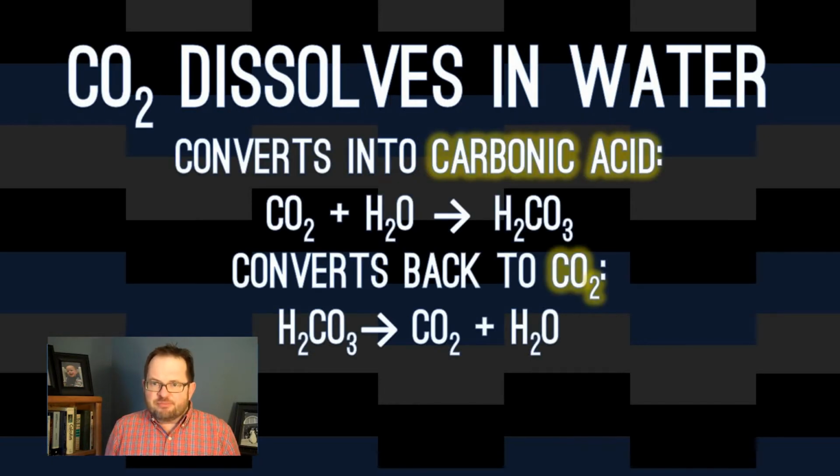And it's actually pretty easy to get carbon dioxide into the ocean because carbon dioxide is really, really efficient at dissolving into water. When carbon dioxide dissolves into water, it goes through a chemical reaction that produces carbonic acid. Again, you do need to know that chemical reaction that I show right there: carbon dioxide plus water produces H2CO3.